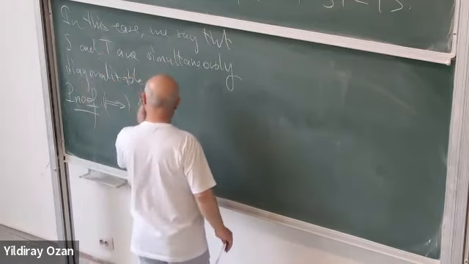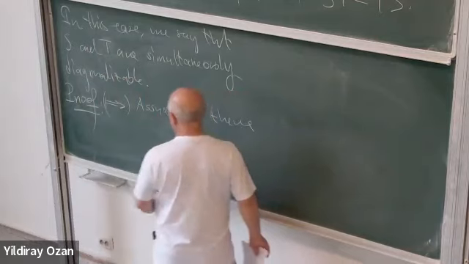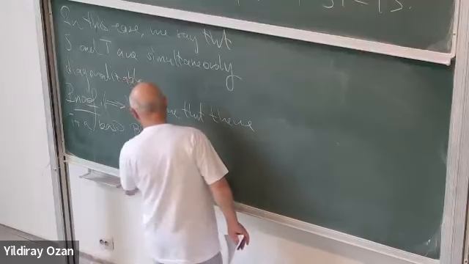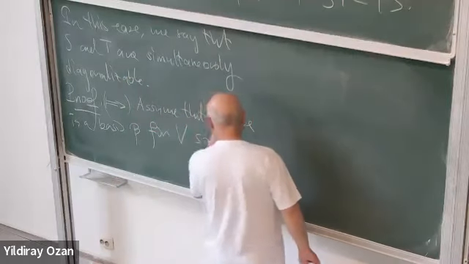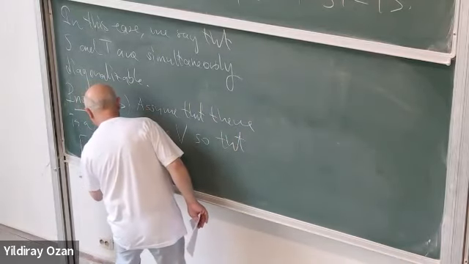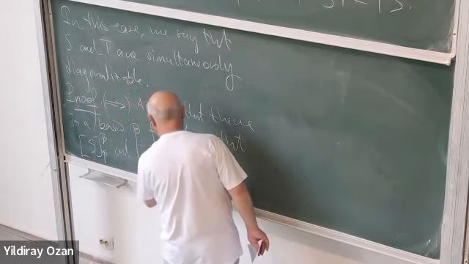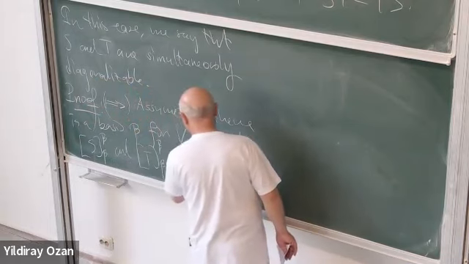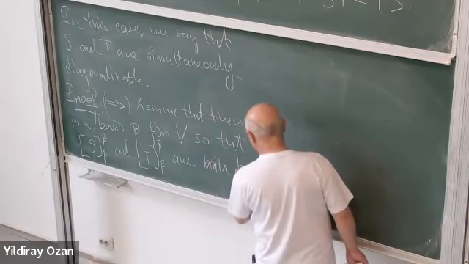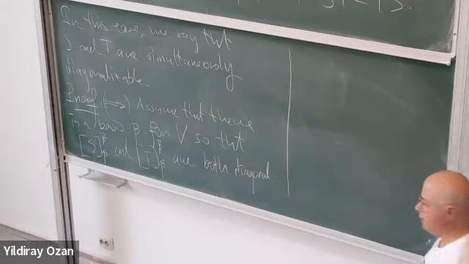So assume that there is a basis beta for the vector space so that both matrix representations of the operators are diagonal.